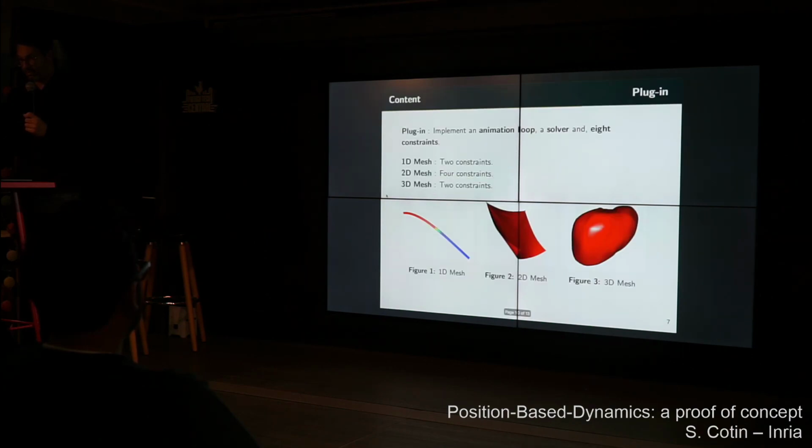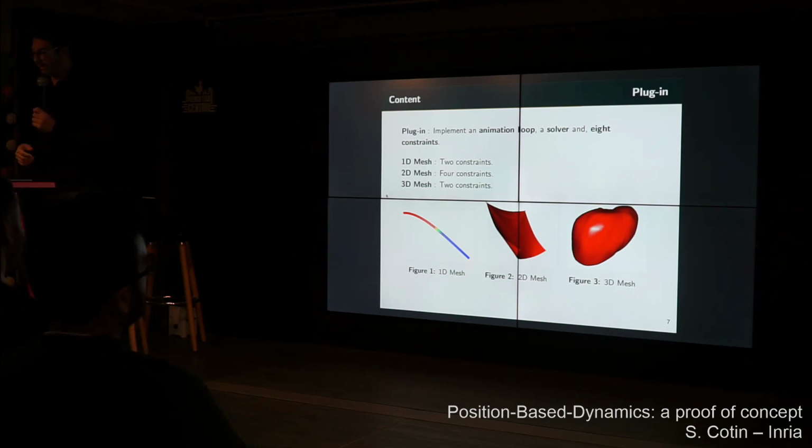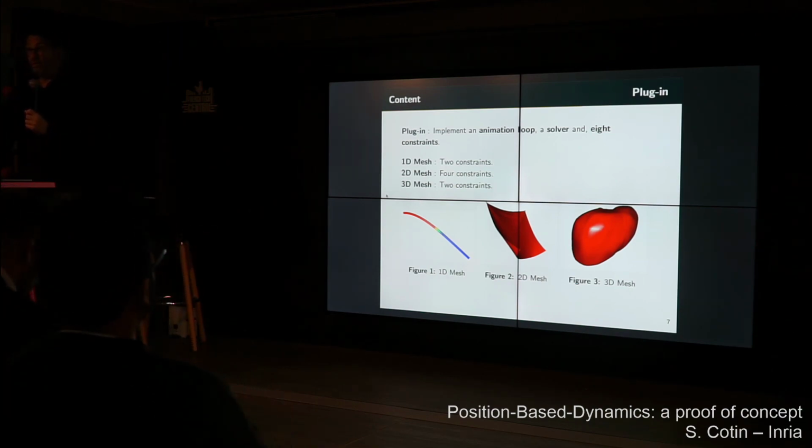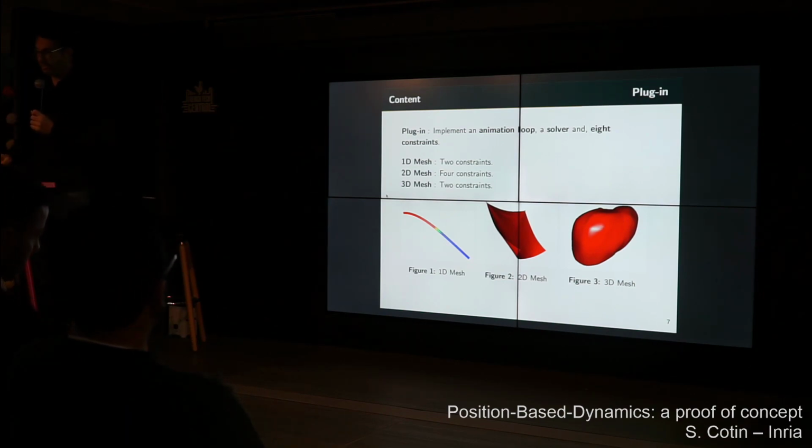So what Alban did is implement constraints that work for 1-dimensional, 2-dimensional, and 3-dimensional objects. I will show you some examples if I can run that on my machine, but basically you can model rods, and they can be elastic or non-elastic. You can model surfaces and volumetric objects. So there's support for the same topologies we have in SOFA.